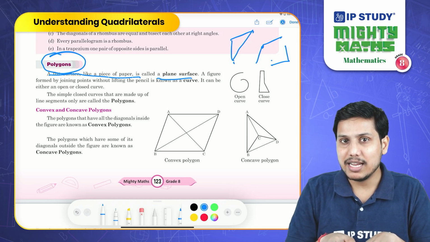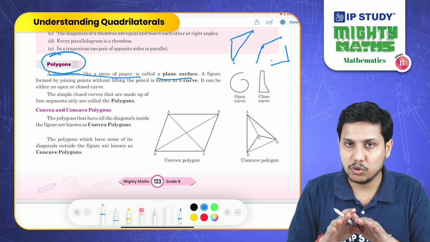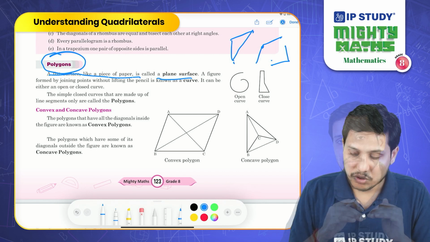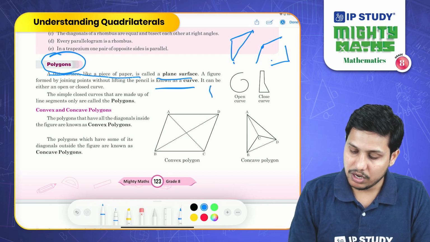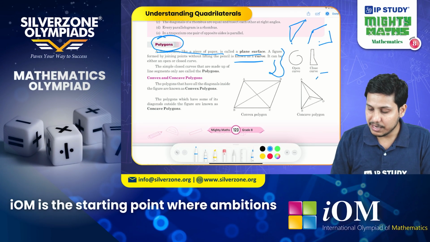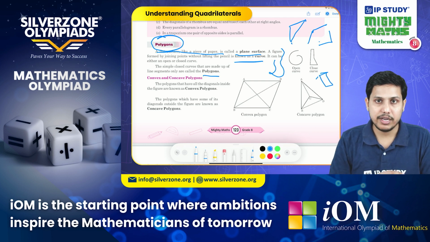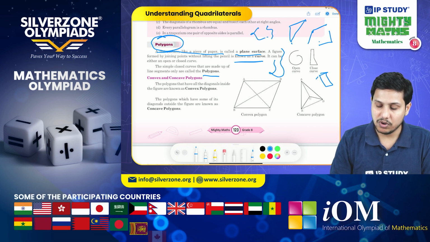A plane has no thickness and it just goes in any direction. So what is a curve? If we draw a figure without lifting our pen, like this, it is called a curve. And if a curve is made up of line segments, then the curve is called a polygon, and it should be closed, because a curve can be open or closed depending upon what we draw.